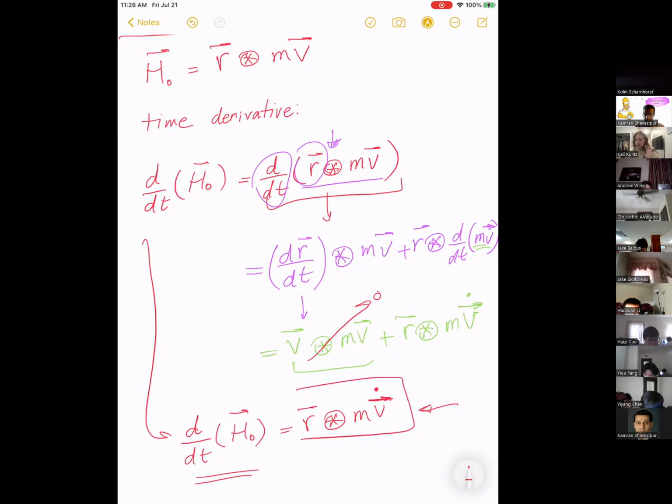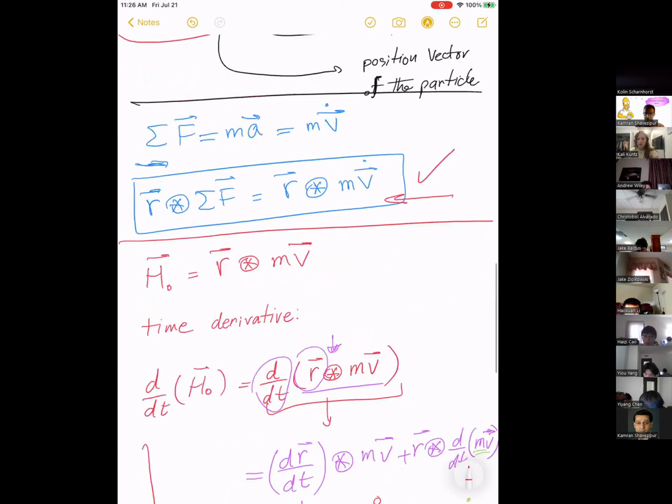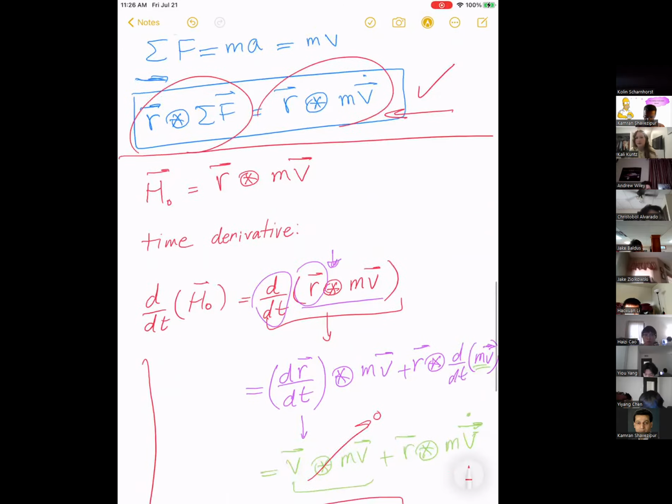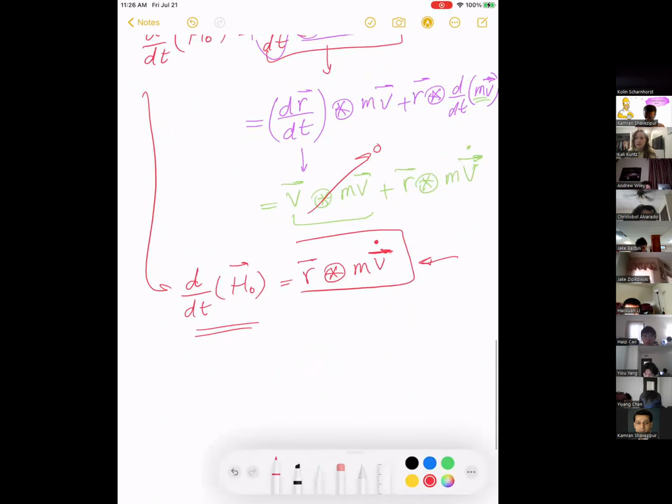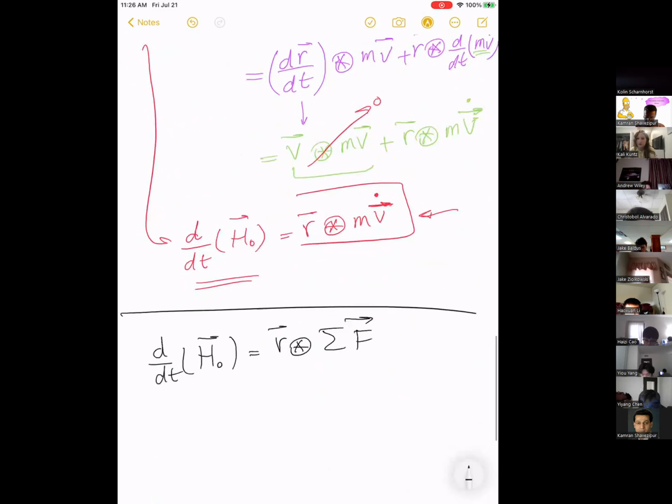It's the dot of summation of force? Exactly. You see, it was here, right? So I can replace this guy with that guy here. And if I do that, I'm going to get d dt of h about O is r cross summation of forces. I can write this as h o dot, right? Just to make it simple.